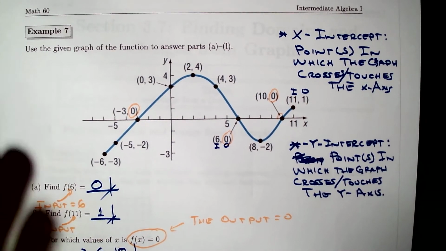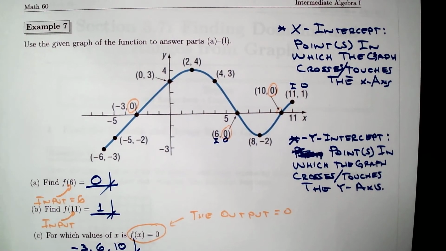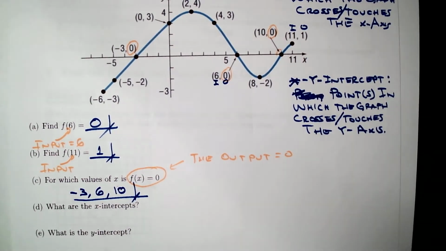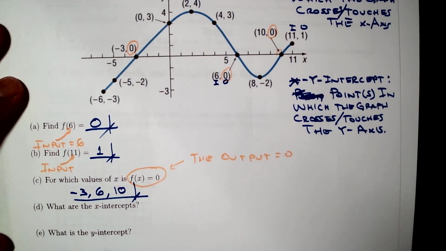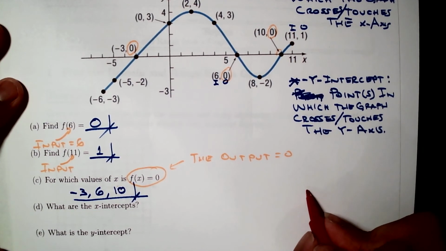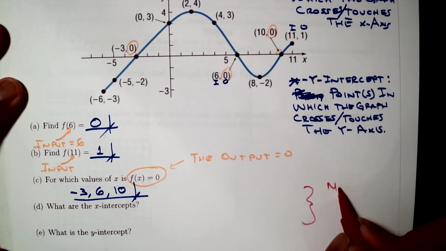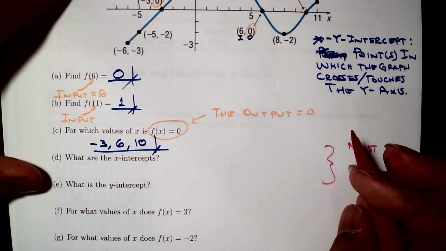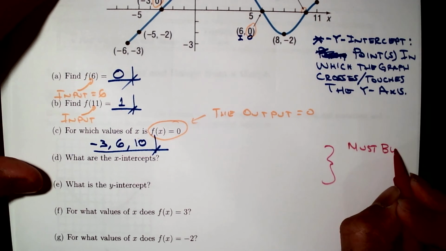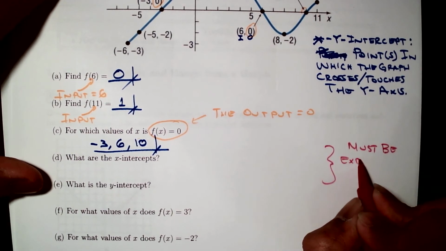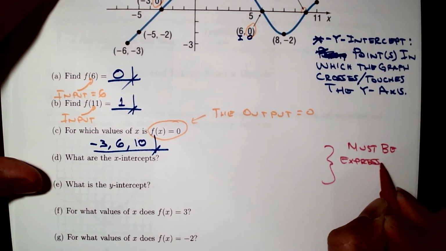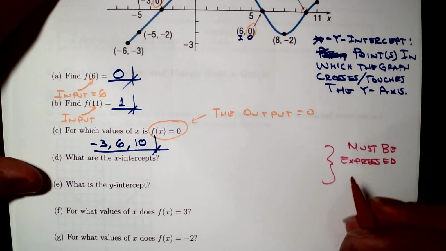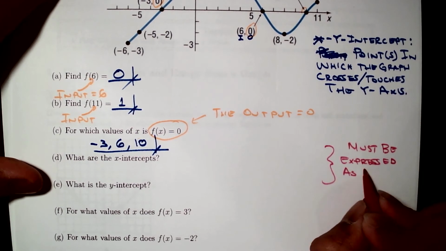Both x and y intercepts must be expressed as ordered pairs.